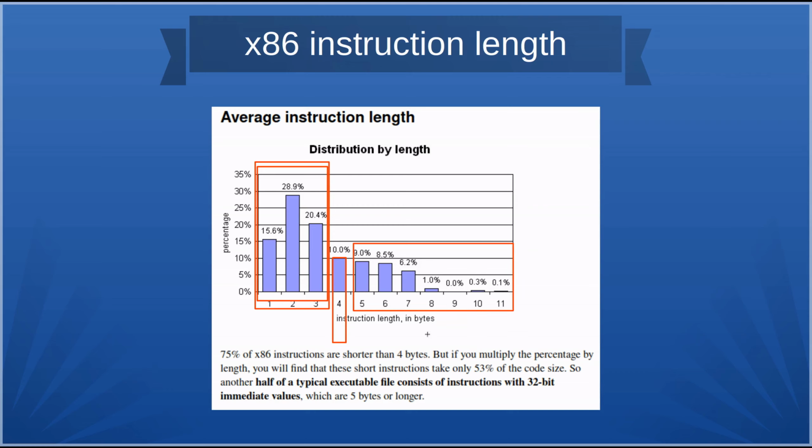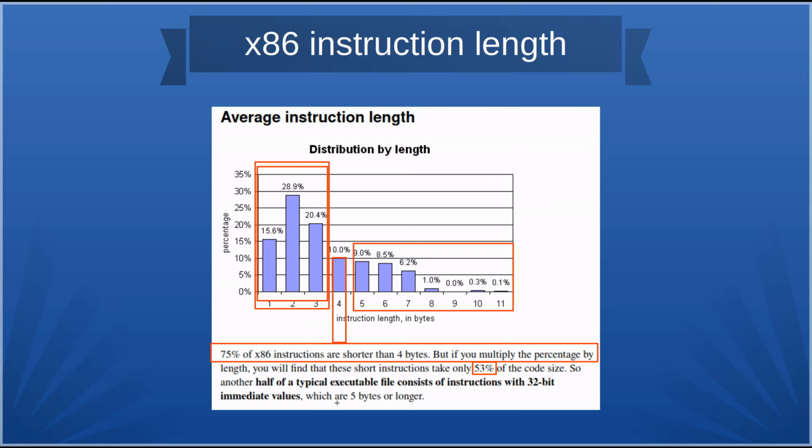But when you multiply by the number of instructions, as you can see in the text, you will see that 53% of the code is the shorter ones, and like 47% is longer than 4 bytes. So in reality, the space savings are not actually that big.